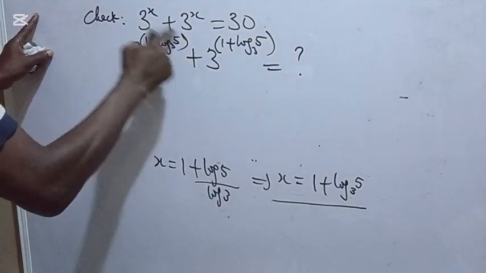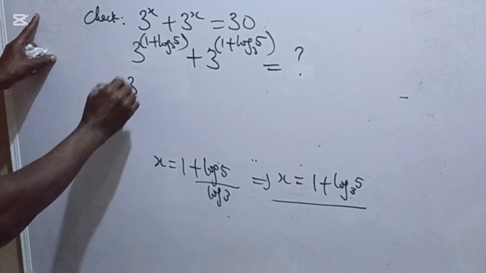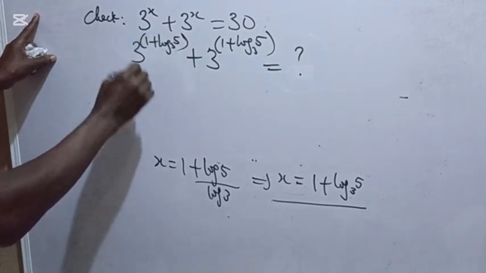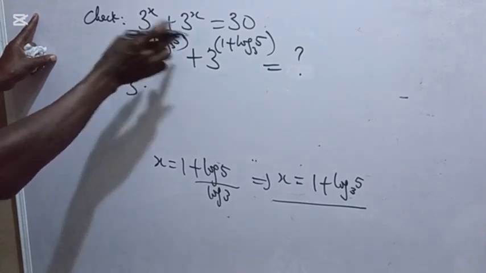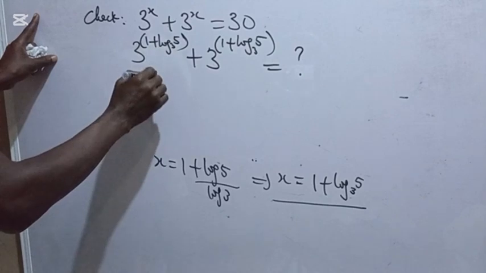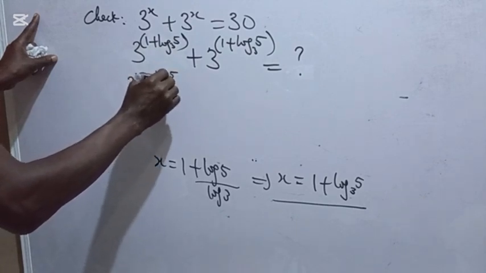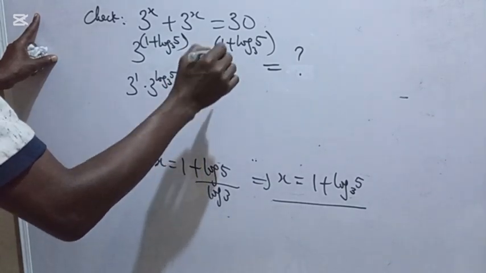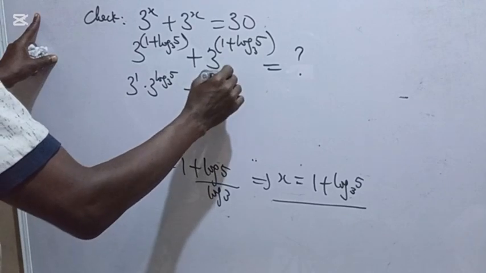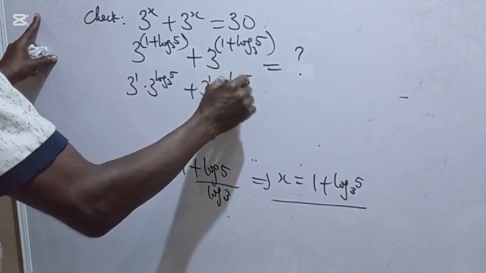By the time we expand this, we have 3 raised to the power 1, dot, because in indices, when you have powers like this, it means you are multiplying. So 3 times 3 raised to log 5 base 3, plus 3 raised to power 1, multiplying 3 raised to log 5 base 3.